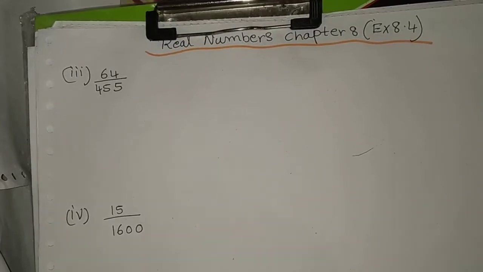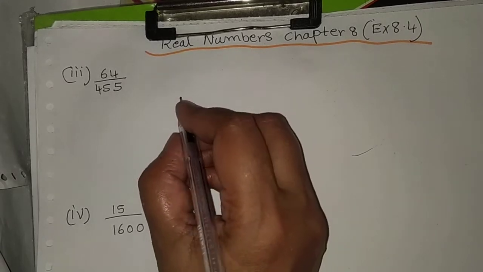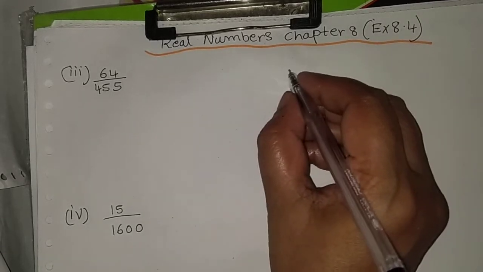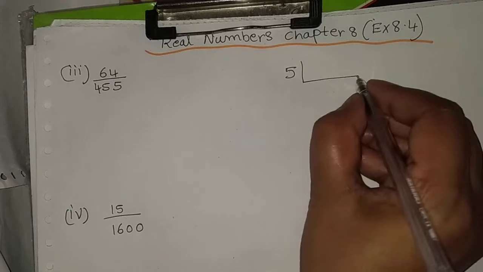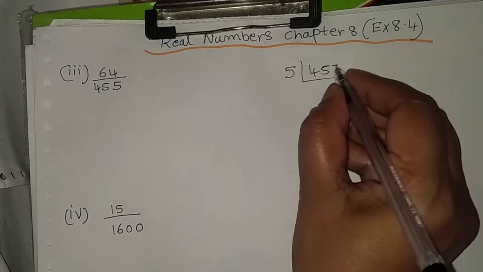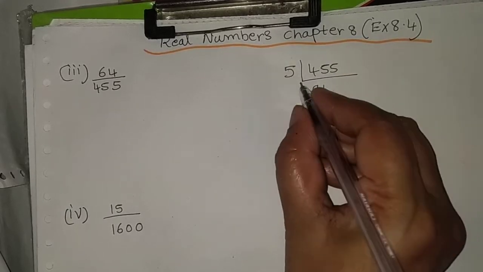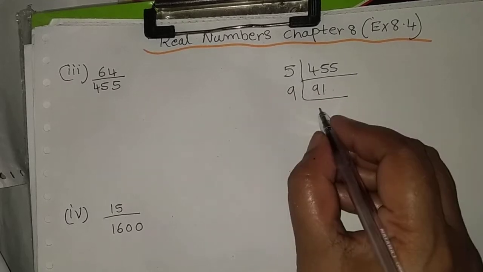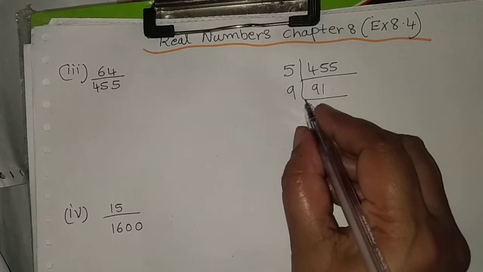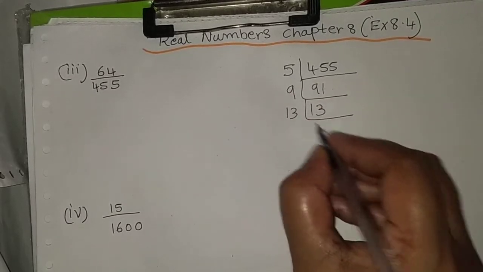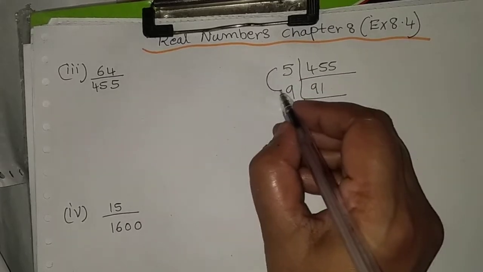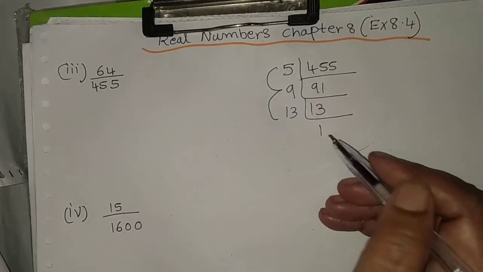The third problem is 64 by 455. We'll just factorize and see this one. 455 is 5 into 91, then 91 is 7 into 13. So here the numbers are different, only 5 we are getting.